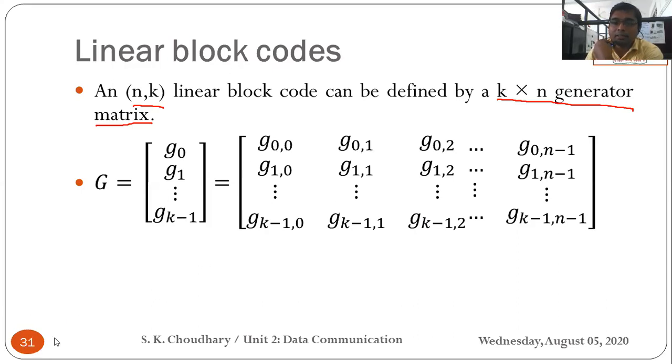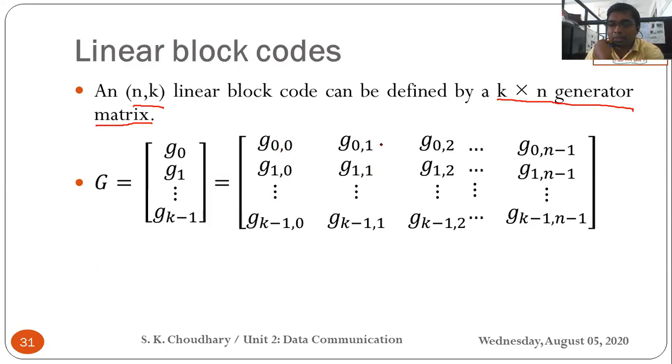Here you can see in this particular representation what is going on. We are using a k-bit message. I have told you that the property of this matrix is k by n, meaning k is the number of rows. So how many rows are there? k rows, that's why we have G0, G1 up to Gk minus 1.